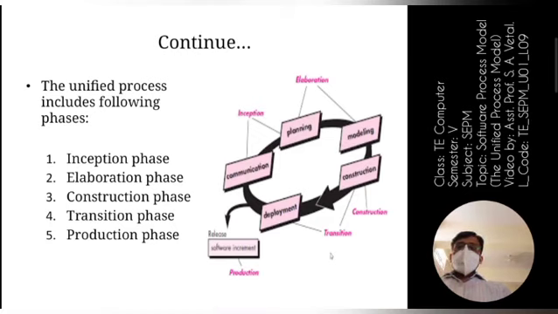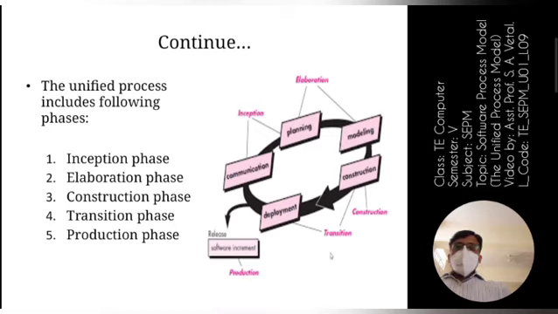The combination of construction and deployment is the transition phase. And the final phase is the production of your software. So these are the 5 phases: inception, elaboration, construction, transition, and production.